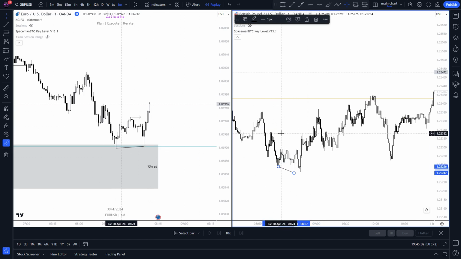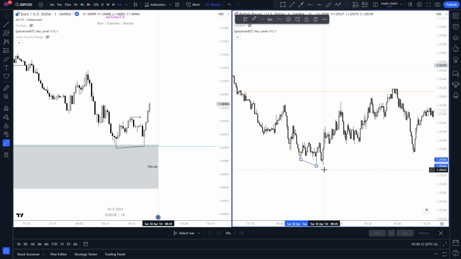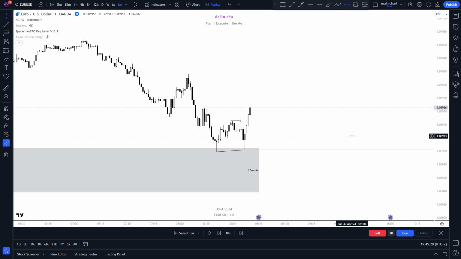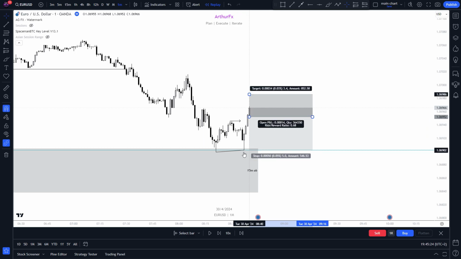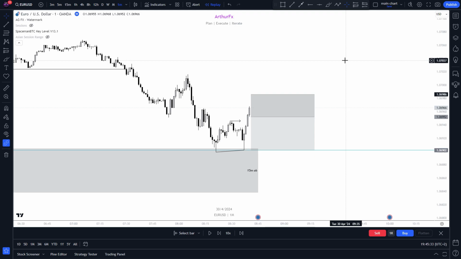And which pair would we choose if we wanted to long? The stronger pair, right? So in this case EU is our stronger pair, so I went with EU. Alright, so my first entry was right here at this fair value gap with my stop below this low, which should be a protective low since we had our SMT there.